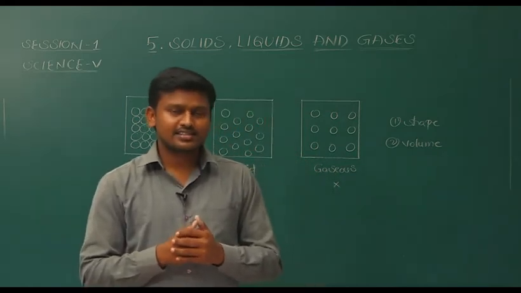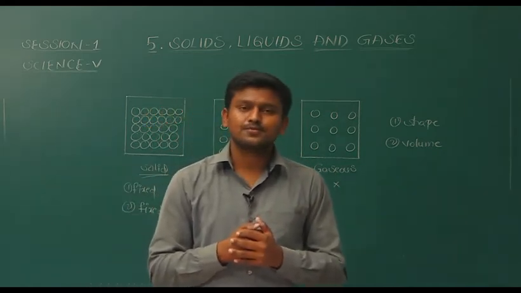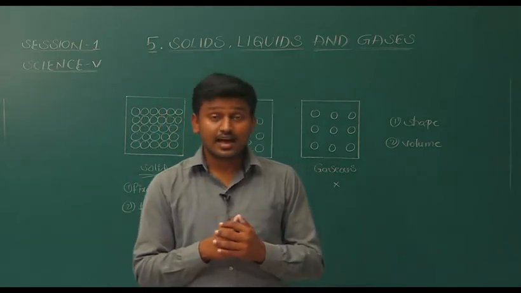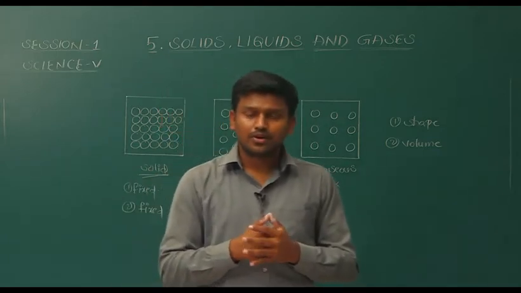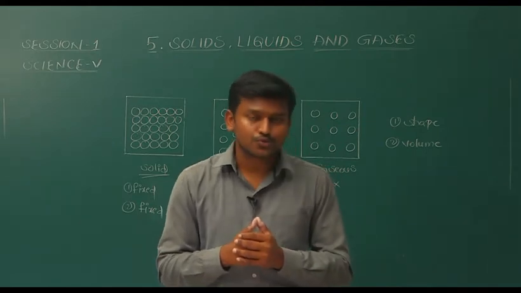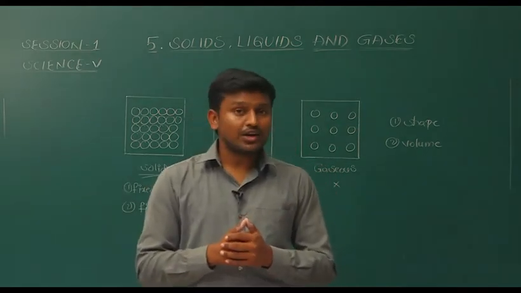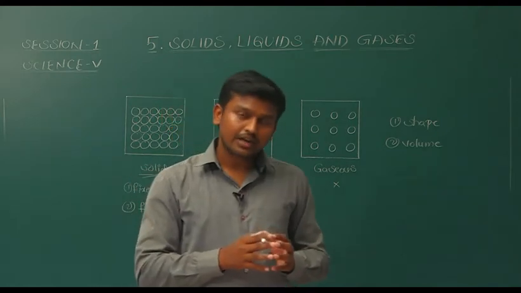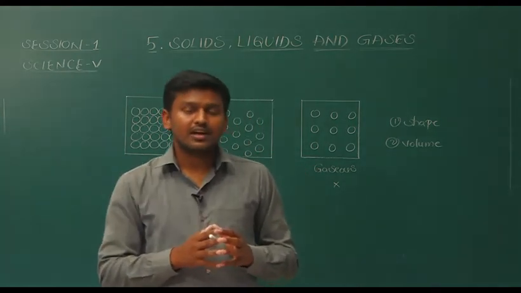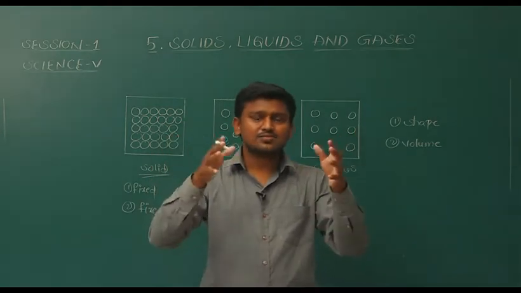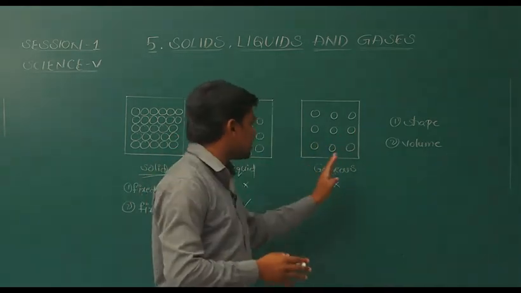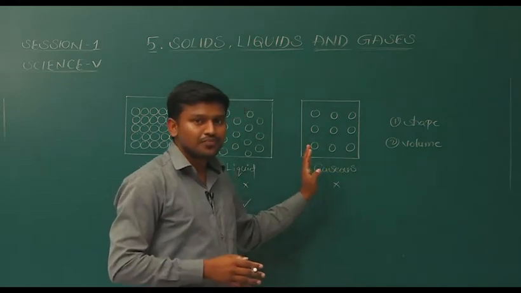How can we say gases do not have any fixed volume? The reason is that we can compress gases as much as possible. Do you know carbon dioxide gas? CO2 can be converted into solid state. In gases, the particles are very far from each other, as you can see in this figure.